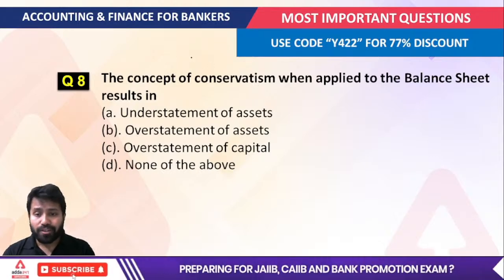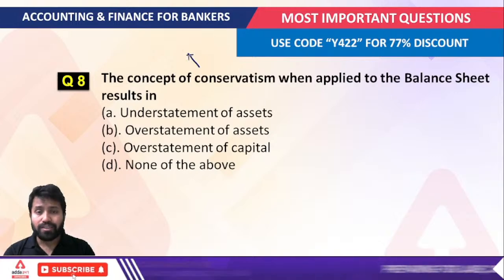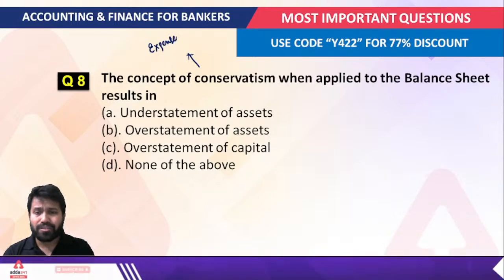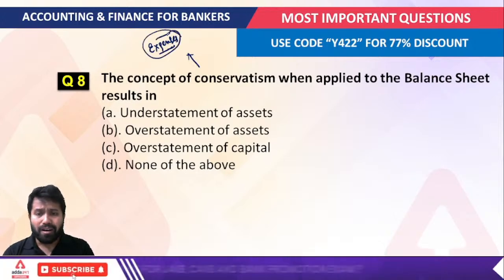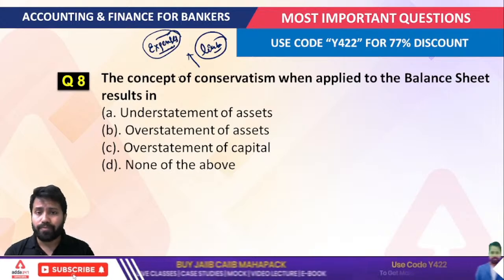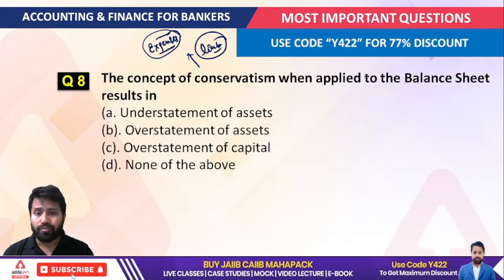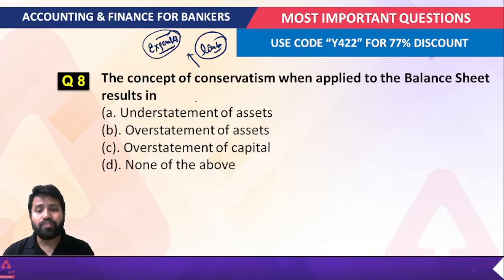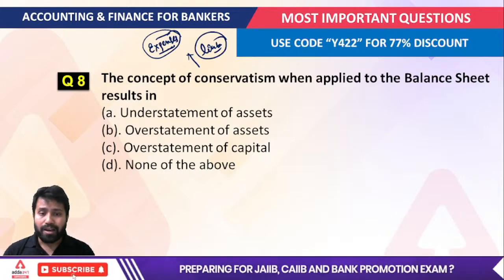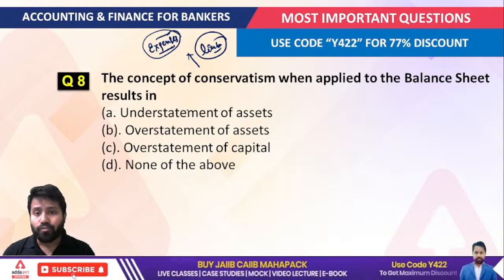Next question. The concept of conservatism when applied to the balance sheet results in what? When we talk about the concept of conservatism, this is all about realizing your expenses, or you can also understand this is about realizing your liabilities as soon as possible, when there is no probability of getting the outcome.